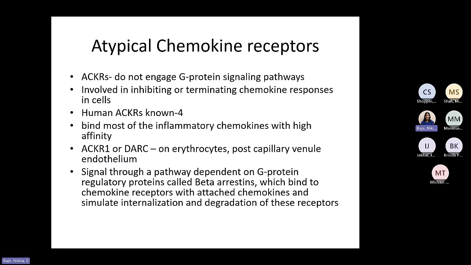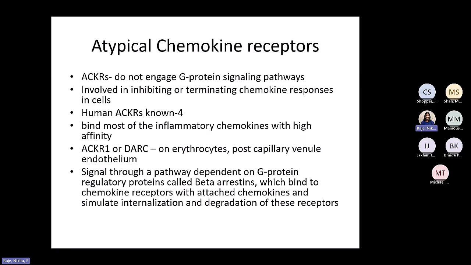There are also some atypical chemokine receptors, or ACKRs. They do not use the G protein signaling pathway that we just talked about, and they are actually involved in inhibiting or terminating the chemokine responses in the cells. There are 4 known human ACKRs, and they bind most of the inflammatory chemokines with high affinity.